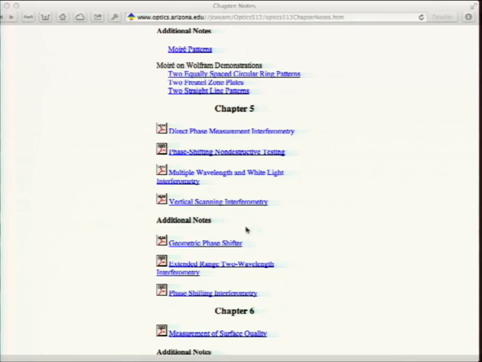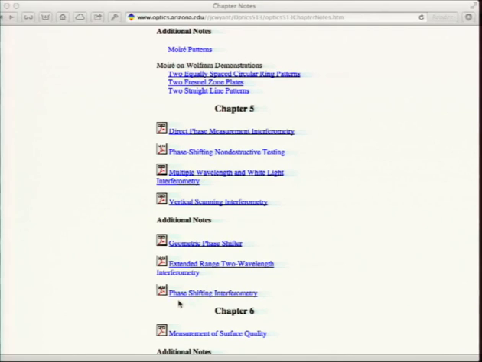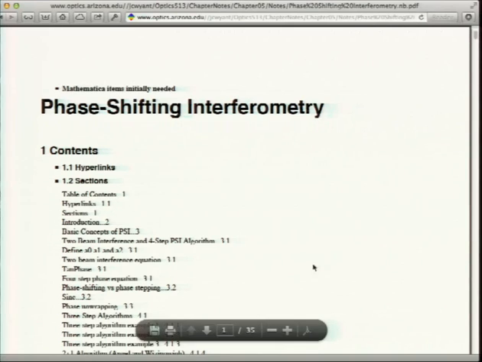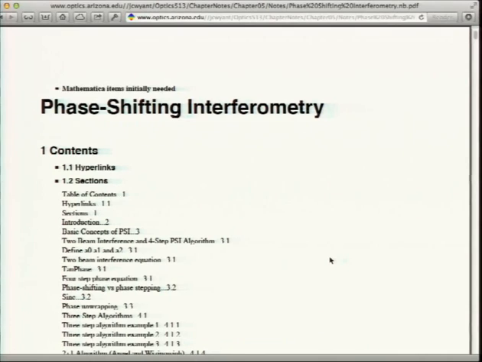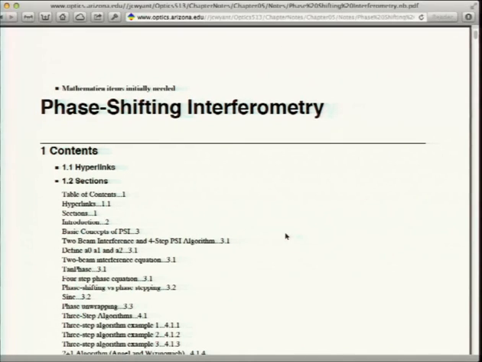Down here we have additional notes, and there's one called phase shifting interferometry. Let me go to that. This is a Mathematica notebook, or a PDF of a Mathematica notebook, where I do a lot of calculations on phase shifting, and a lot of backup material to what is in the PowerPoint presentation.